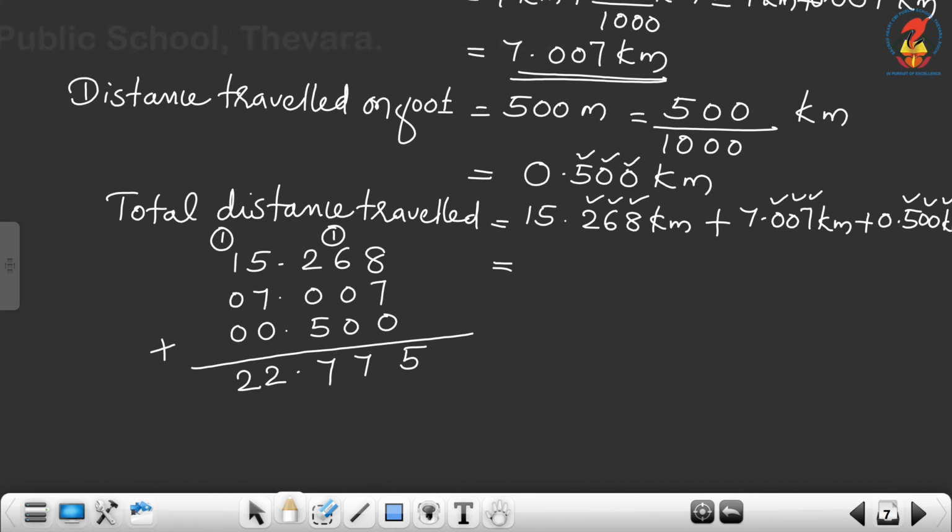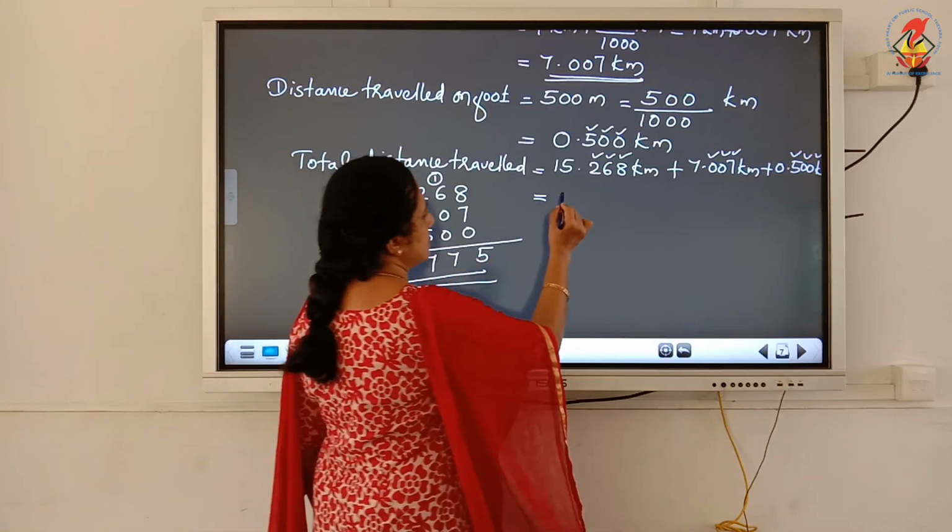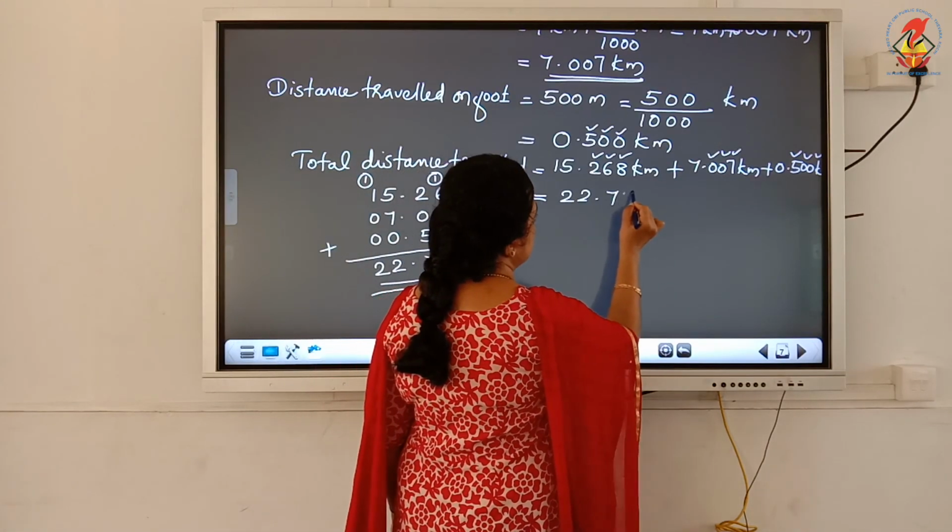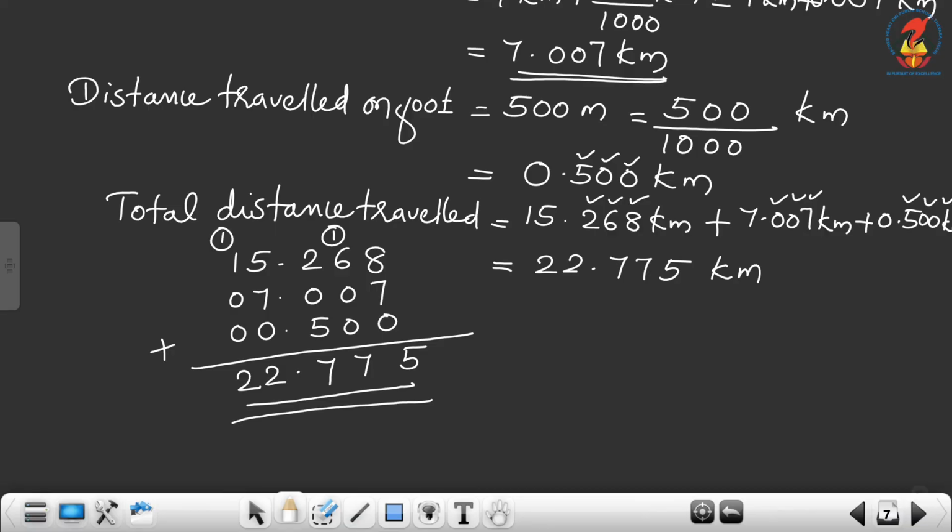Then 7 plus 5, 12, carry over 1, 1 plus 1, 2. So we can say that the total distance travelled is 22.775 kilometer.